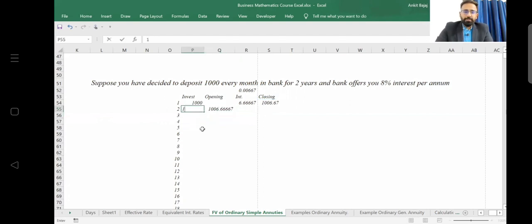Again, in this month you'll be investing 1000 rupees because every month you are investing 1000 rupees. Now, on which value will you be getting interest? You will be getting interest on this investment amount and this balance, the same interest rate. So I will select the above value.